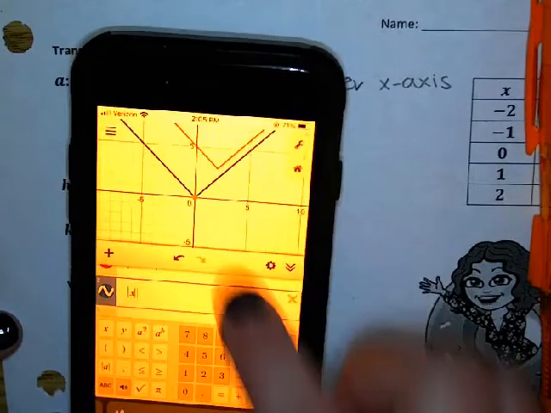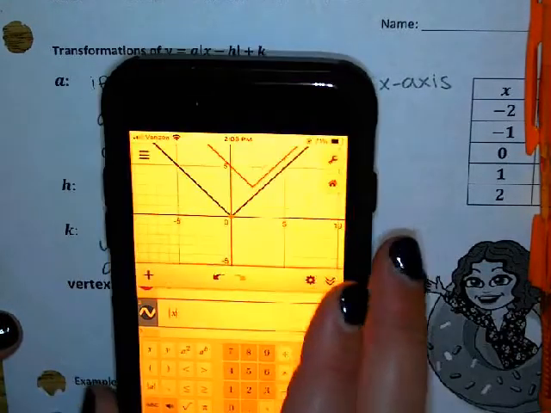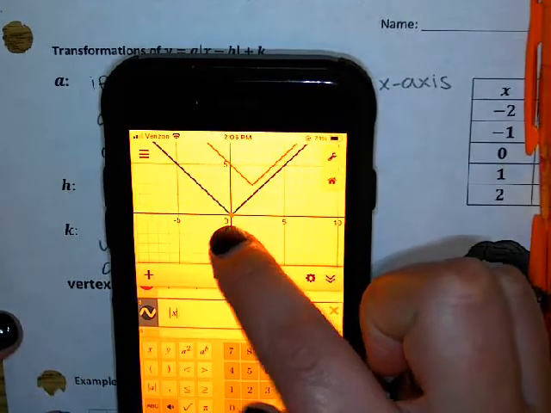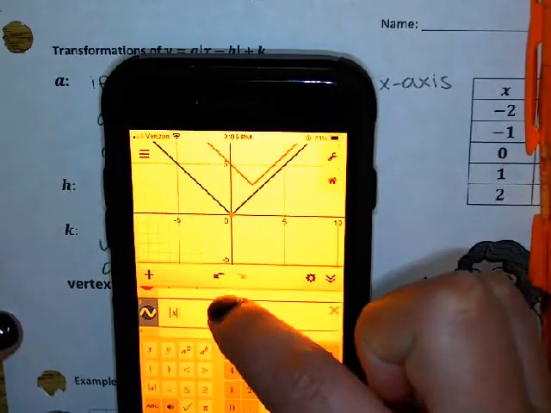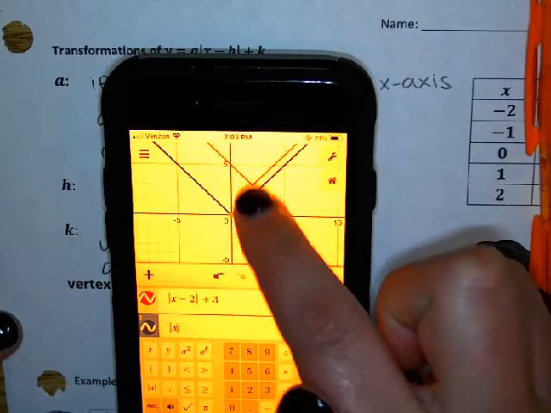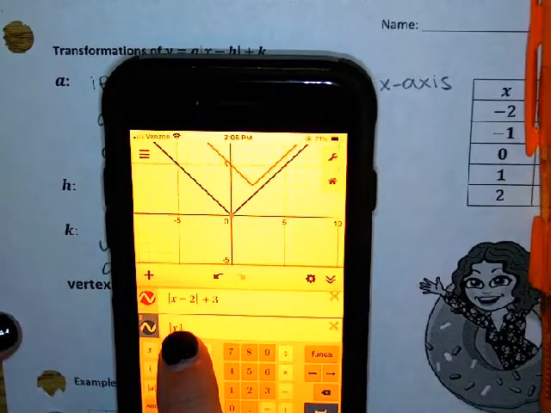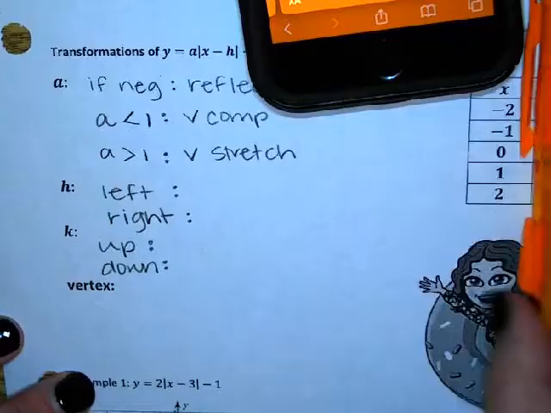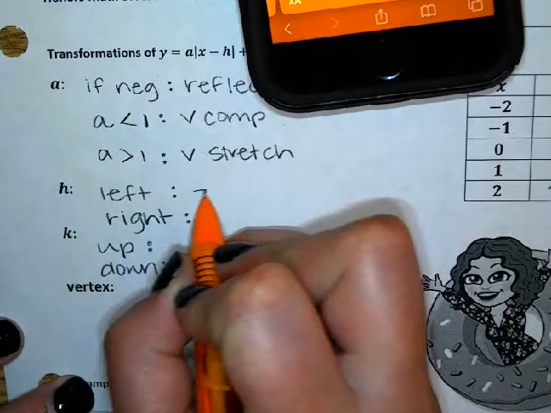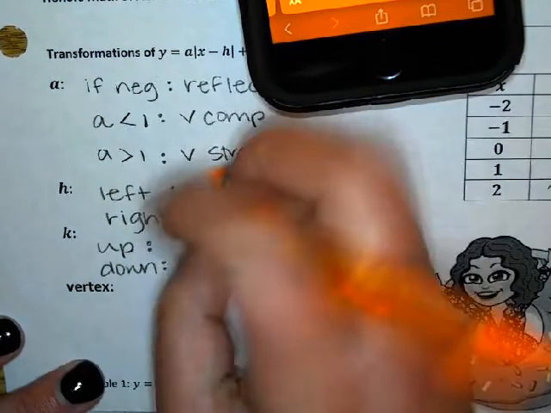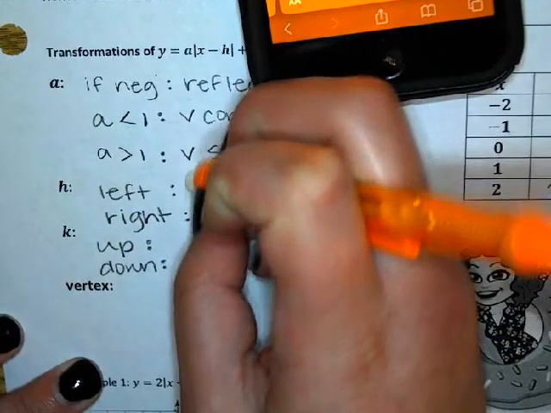So here the blue, I don't know if you can see the two different colors, but this is the regular graph, and the other graph that I did had been shifted to the right 2 and up 3. So if you have a minus inside, it actually does the opposite of what we would think. A minus inside actually shifts you to the right. So a negative shifts, oops, I mismarked it. A negative shifts you to the right.